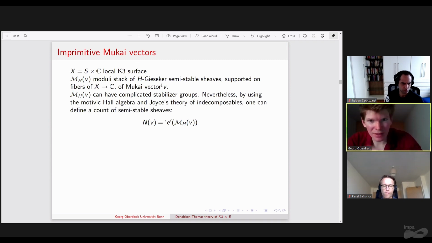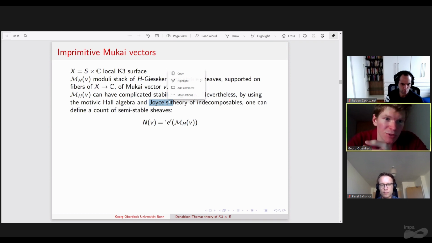And then you can again ask what this space is, and because v is imprimitive, it becomes quite a delicate technical matter. The reason is that this M_H(v) is really a stack, so it can have complicated stabilizer groups and so on. So mathematically it is a challenge, and this has been solved in particular by the work of Joyce on the theory of indecomposables.